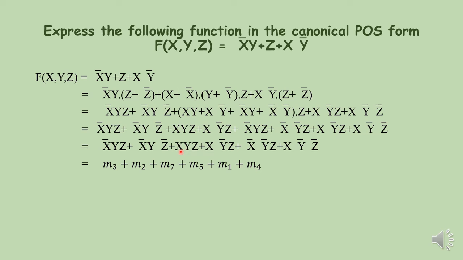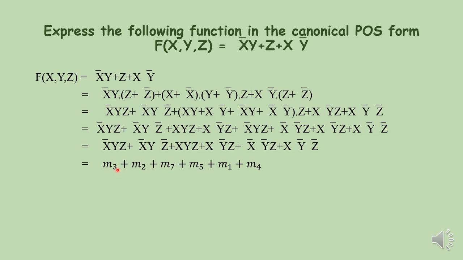Plus 1 1 1, that is 7, so we write M7. Plus 1 0 1, that is 5, so we write M5. 0 0 1, that is 1, so we write M1. Plus 1 0 0, that is 4, so we write M4.